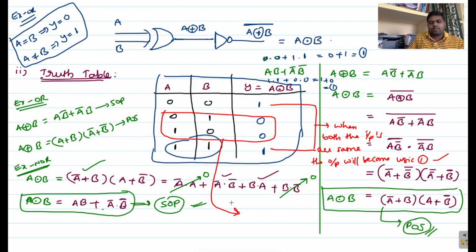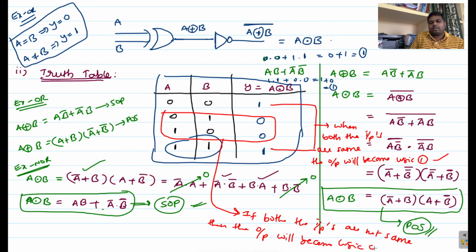Then if both the inputs are not the same, otherwise not equal, the output will become logic 0. This is the a equals b case, and this one is the a not equals b case. So finally, what can we conclude?